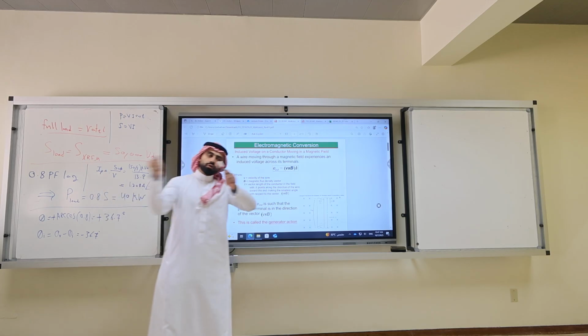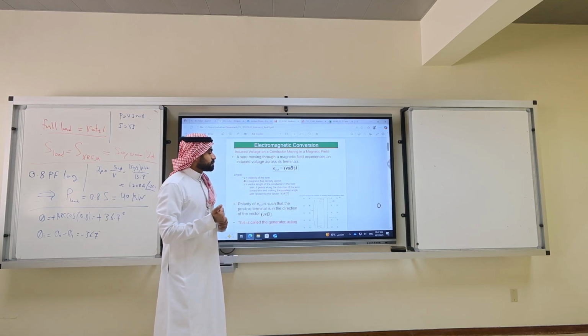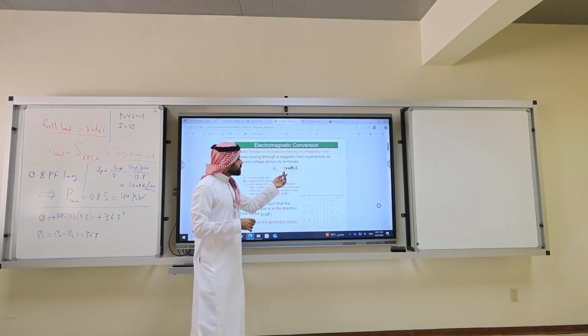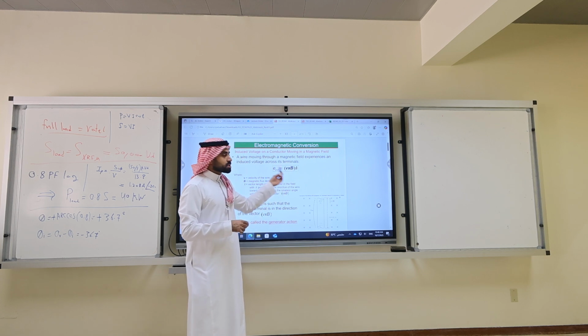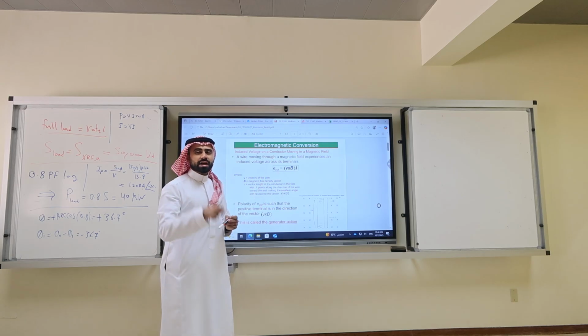But as long as I'm moving in the magnetic field, I would experience a voltage. Do you remember this from physics? E equals velocity times magnetic field times the length. This is a cross multiply, which means we look at the sine theta of the angle.